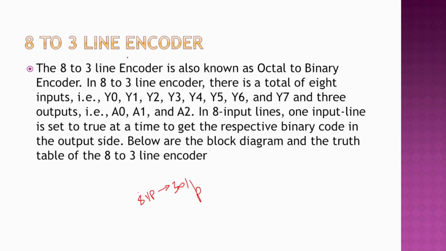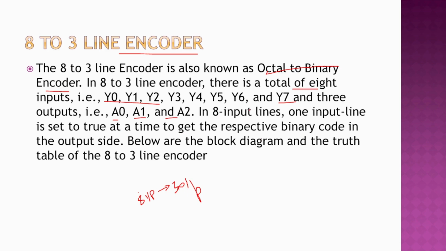This encoder is also known as the octal to binary encoder. There will be a total of 8 inputs, y0 to y7, and the outputs are mentioned with the variables a0, a1 and a2.